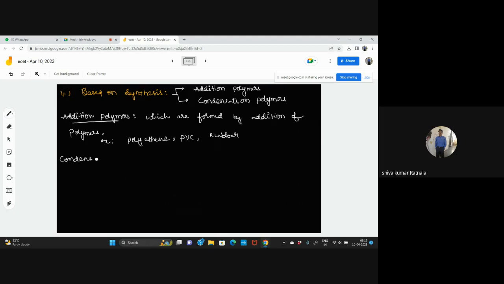Next one, condensation polymers. So condensation polymers means what?